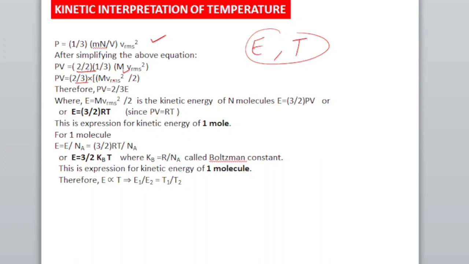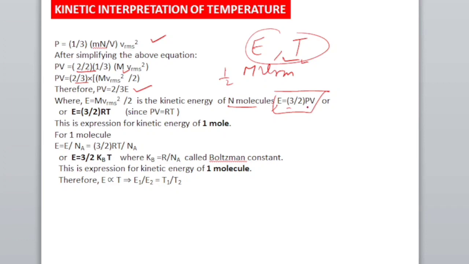m vrms square. You know, half m vrms square is the total kinetic energy of n molecules. So you can write PV equal to 2 by 3 E. E is half m vrms square. This is the total kinetic energy of all the n molecules. So E becomes 3 by 2 PV, or from the perfect gas equation, PV is nRT.